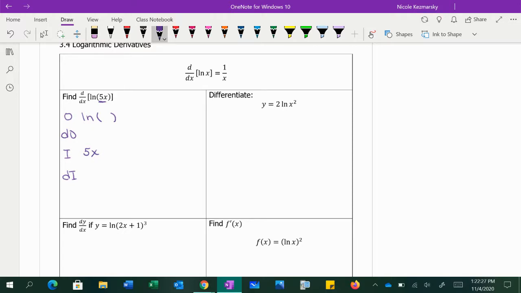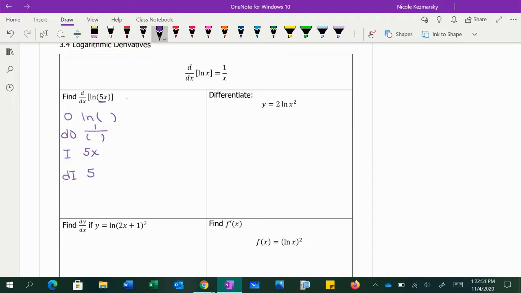To find the derivative of the outer, we apply the derivative rule at the top of the page. We're just going to replace the x's with parentheses, so we get 1 over parentheses for our derivative. The derivative of the inner, using the constant multiple rule, is 5.